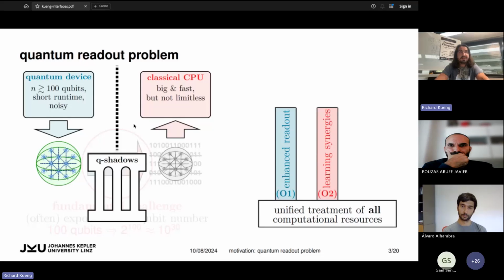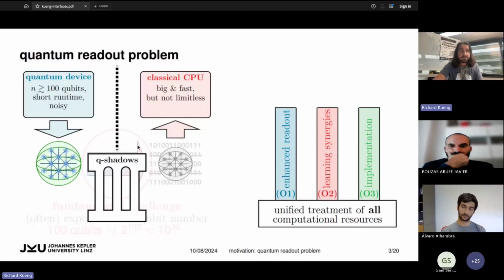We want to build in synergies with learning and statistics on the classical side. And we also prioritize implementability. So ideally, all the ingredients of our solution should be executable on today's faulty quantum hardware.